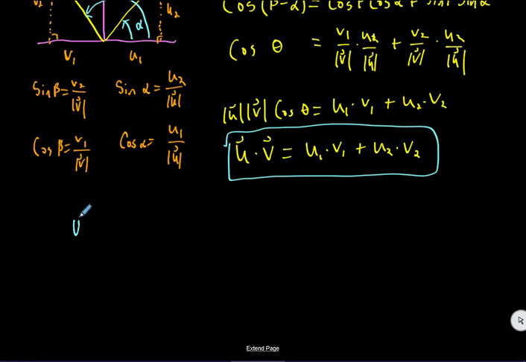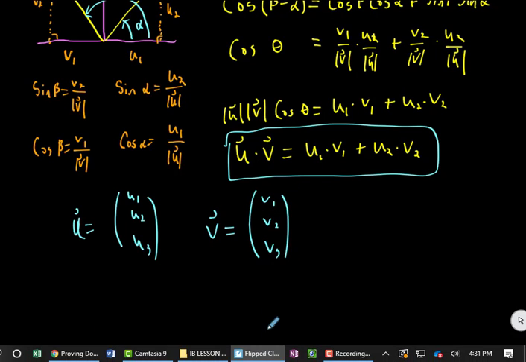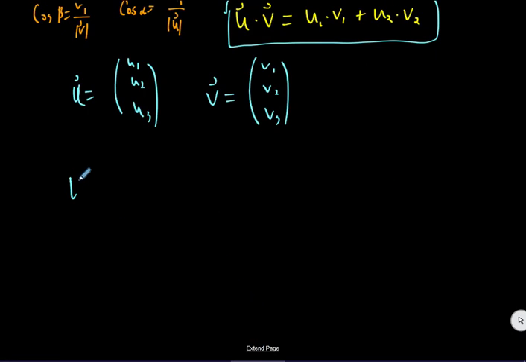If you have a vector u with components u sub 1, u sub 2, u sub 3, and vector v in 3 dimensions with components v sub 1, v sub 2, v sub 3, then u dot v in 3 dimensions will be u sub 1 times v sub 1 plus u sub 2 times v sub 2 plus u sub 3 times v sub 3. So the dot product works in both 2D and 3D.